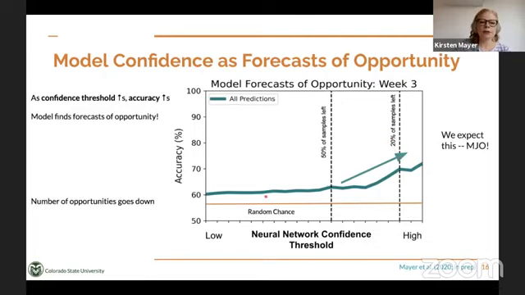So as this confidence threshold increases, our accuracy increases, which suggests the model is finding these forecasts of opportunity. And we would expect this since we know as domain scientists that the MJO is a source of predictability for subseasonal prediction. And so while the number of predictions goes down as we increase our neural network confidence, we found these opportunities to have higher prediction skill.